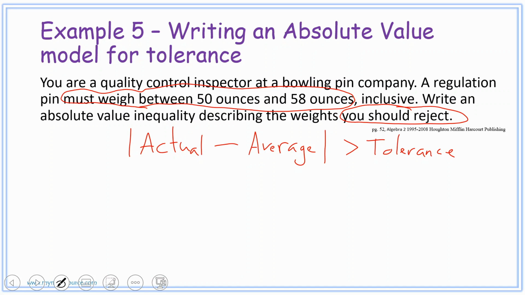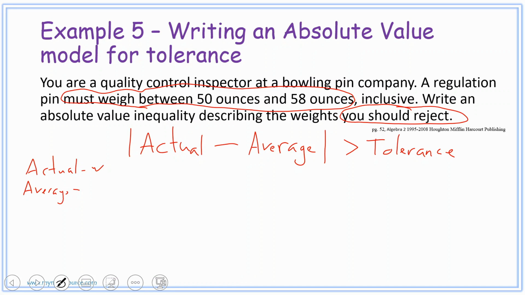All right, so now let's go ahead and look at how to do this. Our tolerance, well, to find our tolerance, let's do this on the side. Our actual is going to be W. And our average, you just find the average of the numbers.